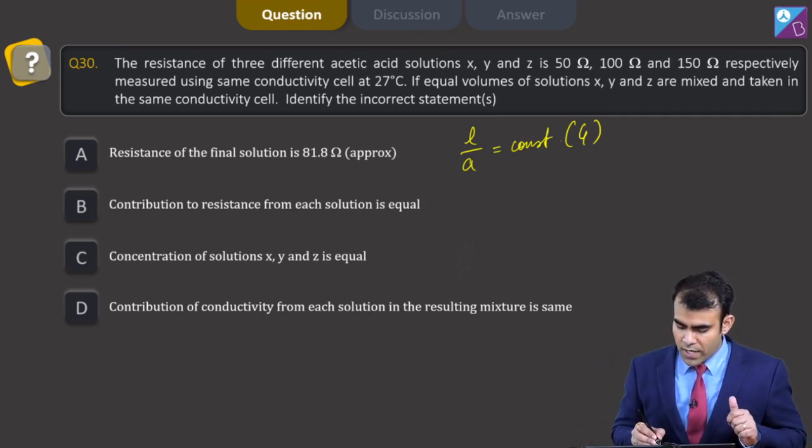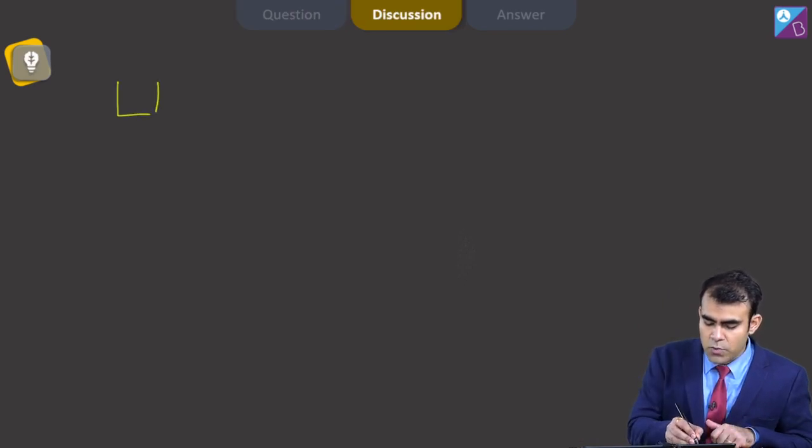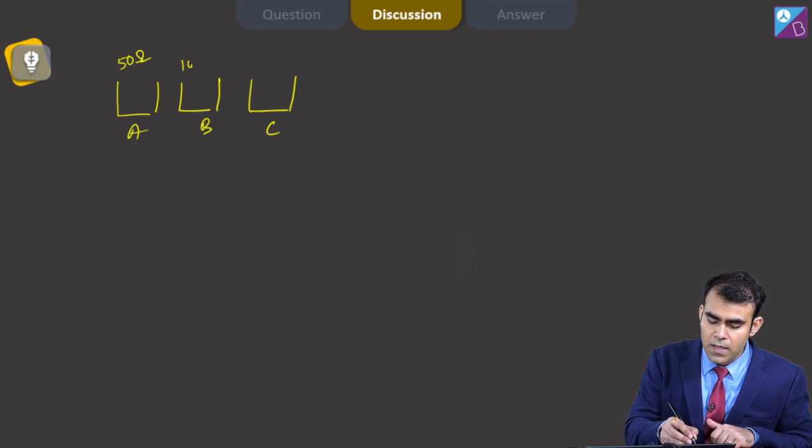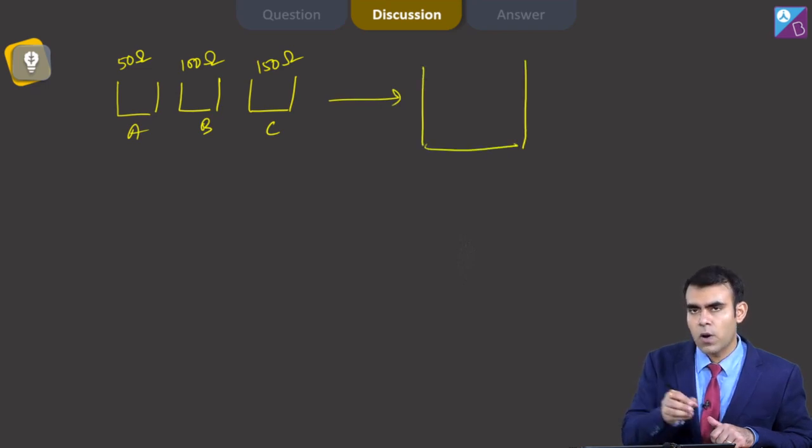Now let's look at this question. We have been given three solutions of acetic acid, let's say A, B and C. One is having a resistance of 50 ohm, 100 ohm and 150 ohm. And now I have taken equal volumes from all these three.